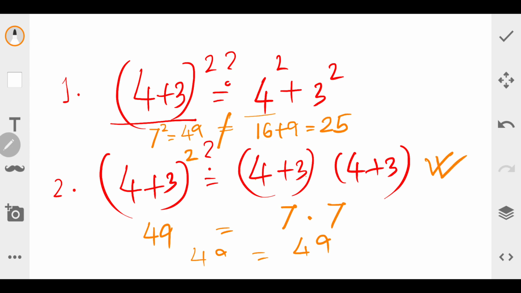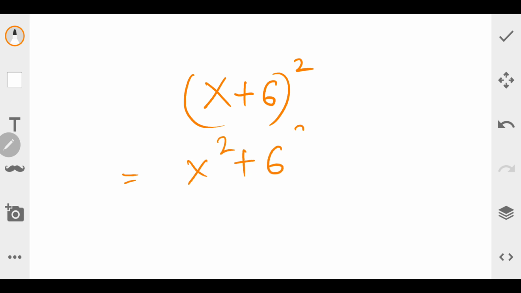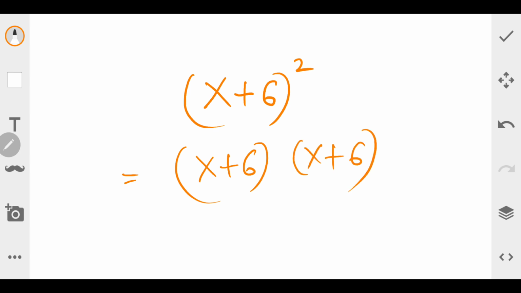Okay, so the reason I'm showing you this, let me erase this. If you get a question like this, let's say x plus 6 squared, what will be the answer? We cannot say x squared plus 6 squared, because you already saw that this is not going to work. So if you look at the last example, I have to do x plus 6 and x plus 6.